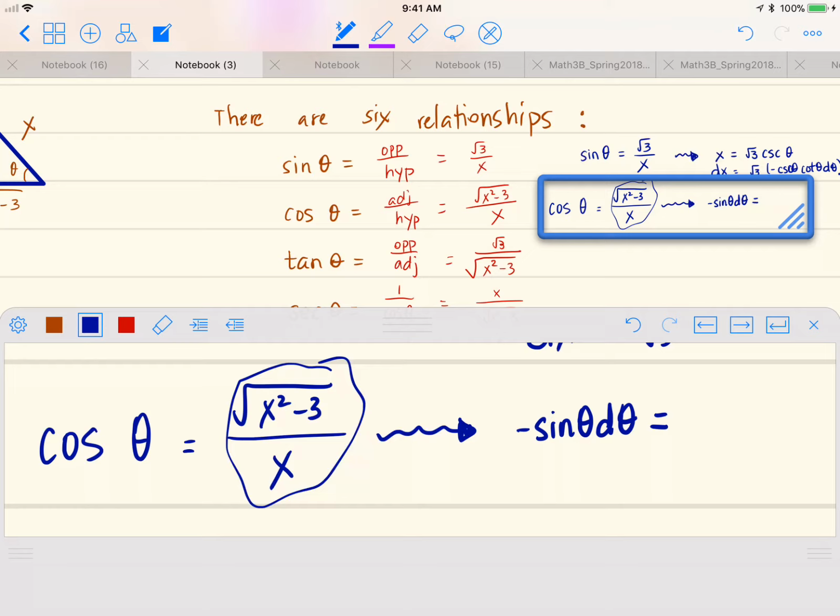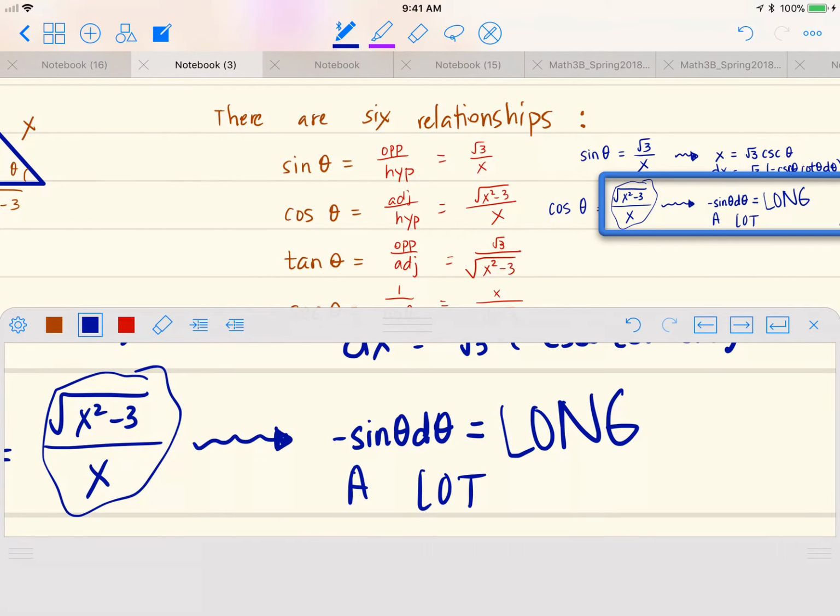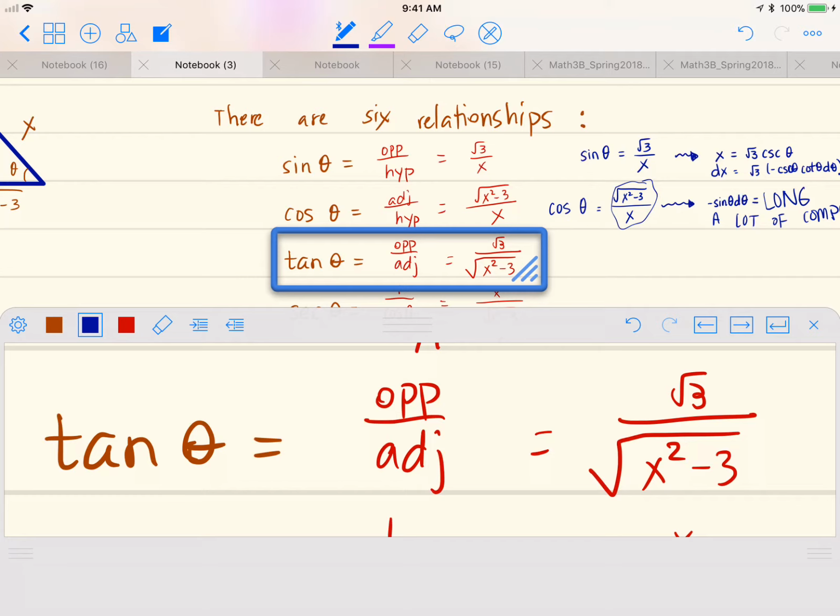That's long, and I'm probably going to make a mistake because it involves a lot of computations. So I'm not even going to do that, because no one would do that.